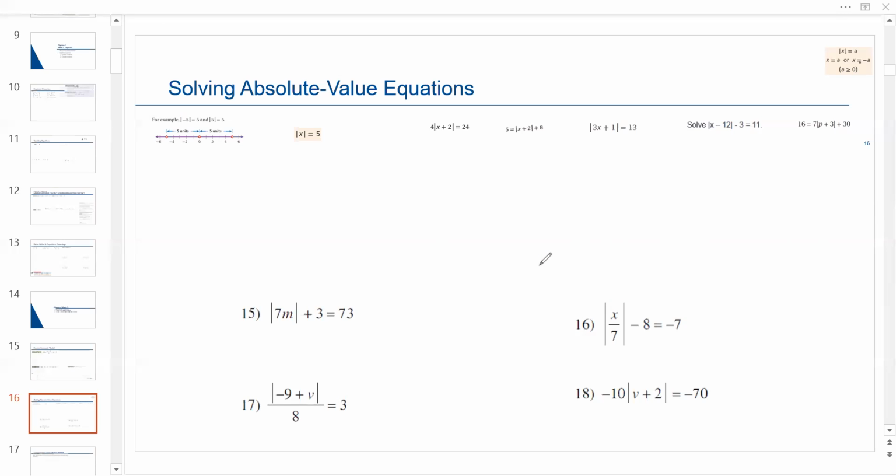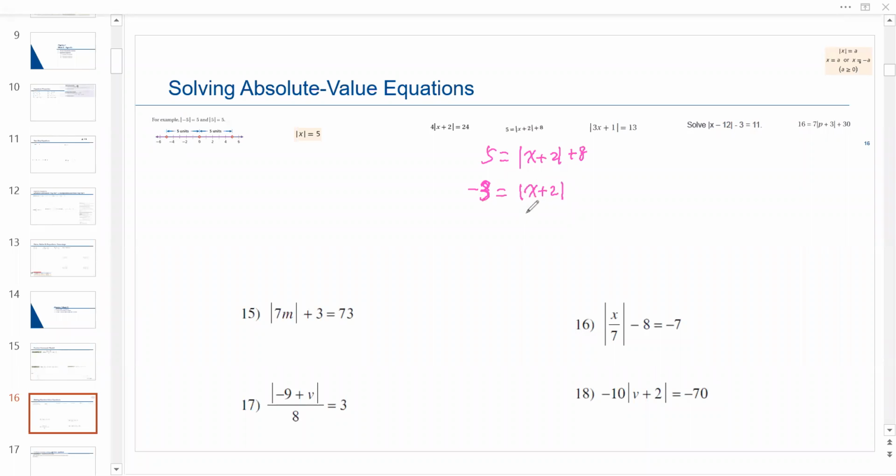All right, let's see some more examples here. See this example: 5 equals... all right, so what do we need to do? Subtract 8 from both sides. So you can see here, negative 3 equals the absolute value of x plus 2. Oh no, do you see what is going on here?